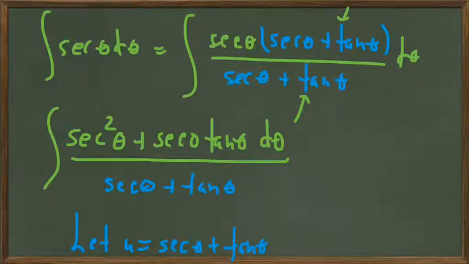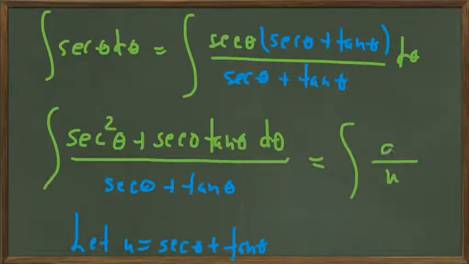So if we let u equal secant theta plus tangent theta, which is this denominator right here, we see that when we differentiate secant theta, we get secant theta tangent theta, and when we differentiate tangent theta, we get secant squared theta. And so the denominator is u, and the numerator is du, and so we get ln of u.